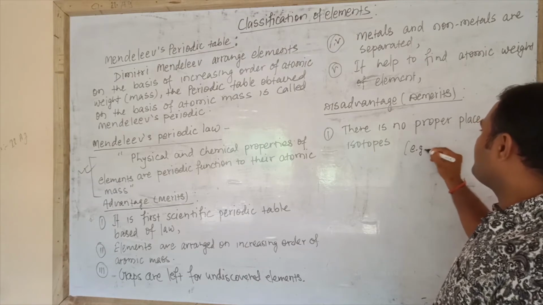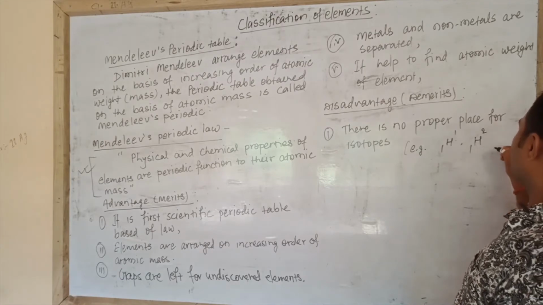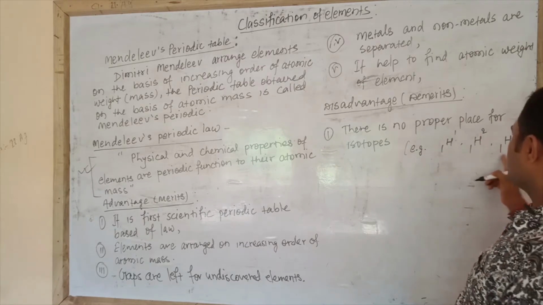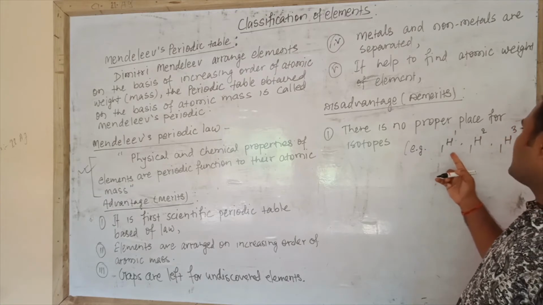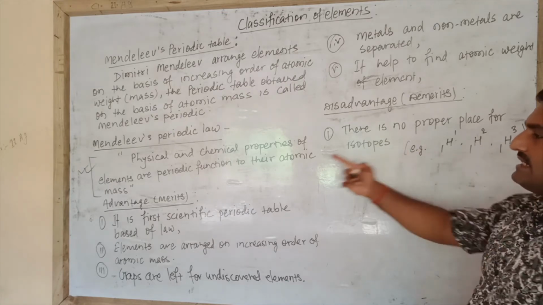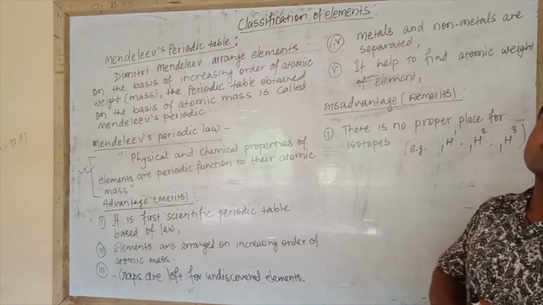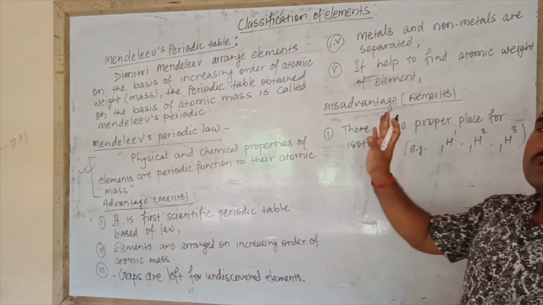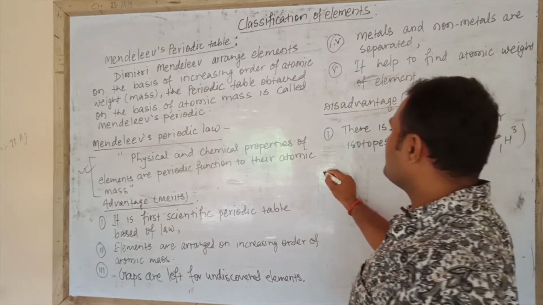As for example, 1H1, 1H2 and 1H3. Here hydrogen has the same atomic number but different atomic mass, and according to that mass these are called protium, deuterium, tritium. According to Mendeleev's periodic law, these isotopes must have different positions in the periodic table, but the positions of isotopes are not given in the Mendeleev periodic table.